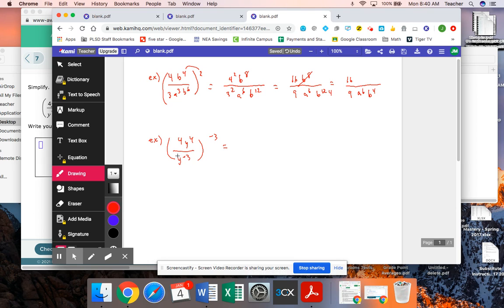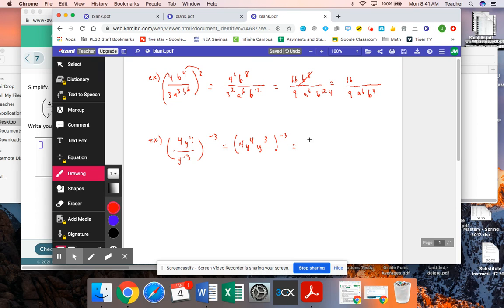Since it's negative, that means it goes to the top. It switches. So I really have this 4y to the 4th. That's this numerator. And then I'm going to bring this y to the 3rd up to be positive. But I still have to raise all of that to the negative 3. Now I can do this a couple of ways, right?